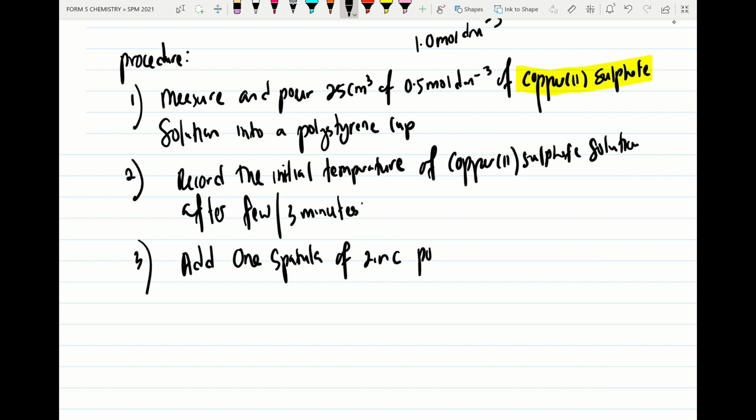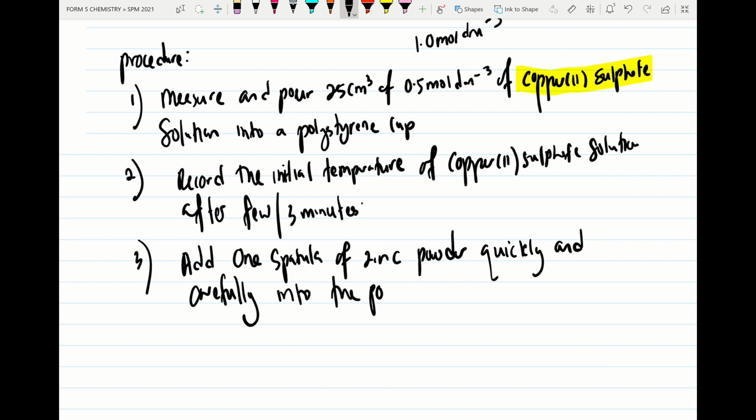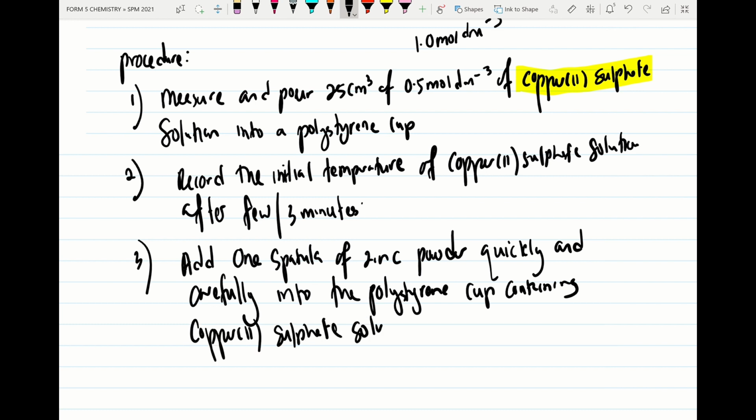So we will use zinc powder. So please remember to put it quickly and carefully. These two words are very important, into the plastic or polystyrene cup containing copper 2 sulfate solution.